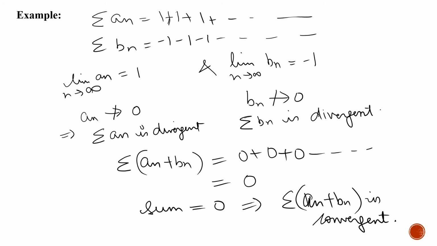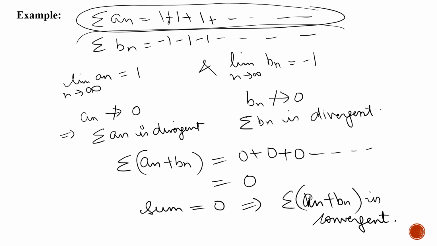So you have seen that you took two series that are divergent and you proved that the sum of two divergent series need not be divergent, they can converge also.